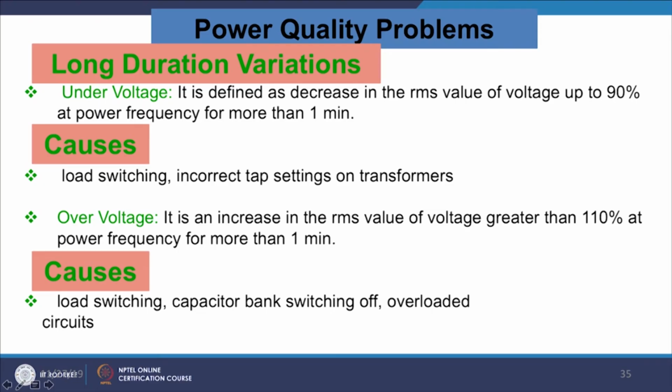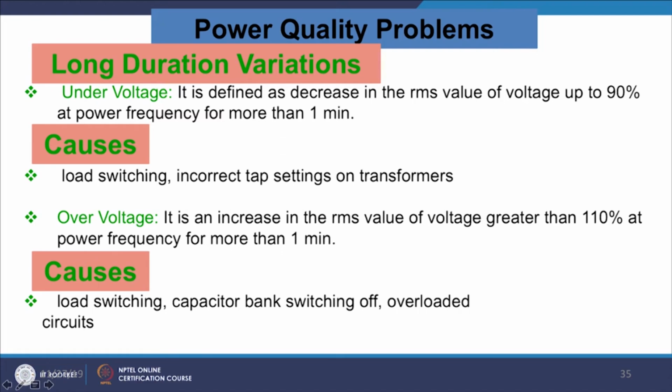Undervoltage is defined as a decrease in RMS value to 90% of the power frequency for more than 1 minute, and it causes incorrect setting of the transformer. Overvoltage is an increase in the RMS value of the voltage greater than 110% of the power frequency for more than 1 minute, and the cause may be capacitor bank switching or an overload problem.